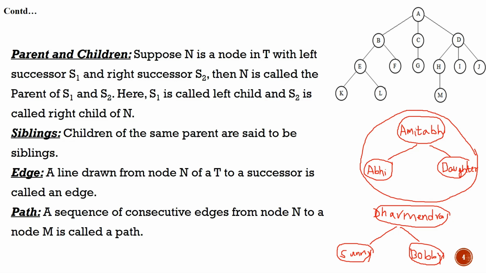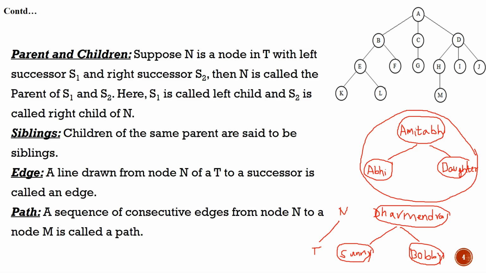Then edge. A line which is drawn from N to T, where T is a successor of N. So now this is N and this will be T. We draw one line over here.